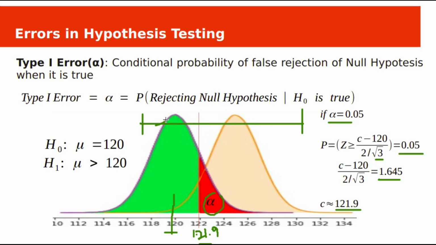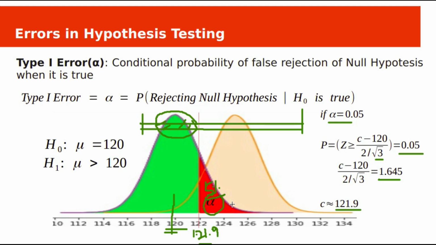But these three measurements were taken where the vehicle is actually moving fast, so its average was found to be more than 121.9. But if you consider the entire speed, meaning the population, its average would not exceed 120. Because of this sampling error, the mean was found to be more than 121.9. This type of maximum error can be 5%, meaning falsely 5% of drivers can at most be fined. That is the significance level alpha.